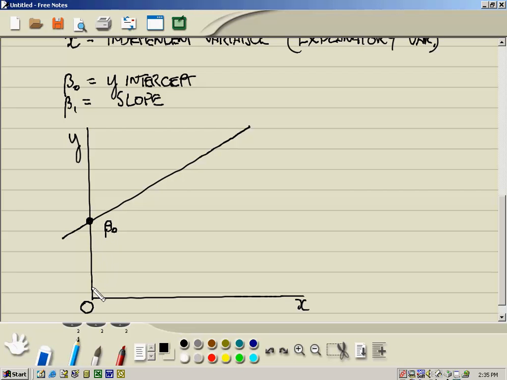Alright, so there's beta 0 distance between the origin and that point. Slope: go along the x-axis 1 unit, and then you'll go up the y-axis beta 1 units. Okay, so let's now look at an example with this.